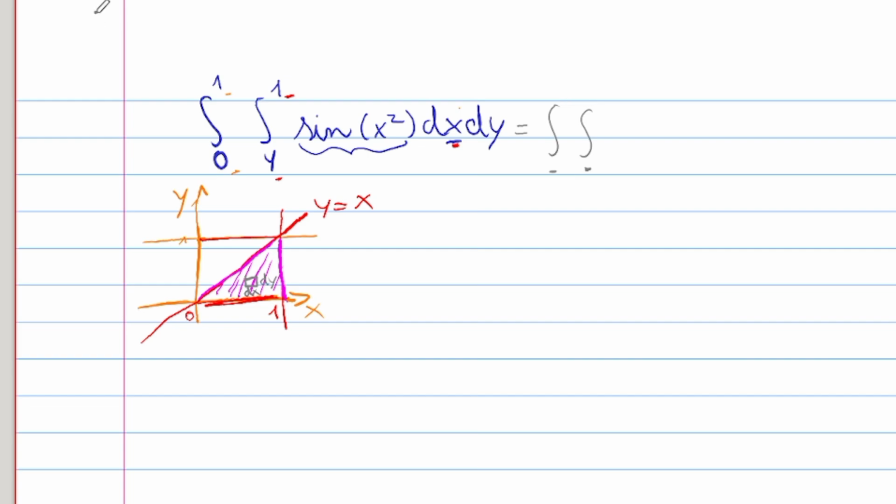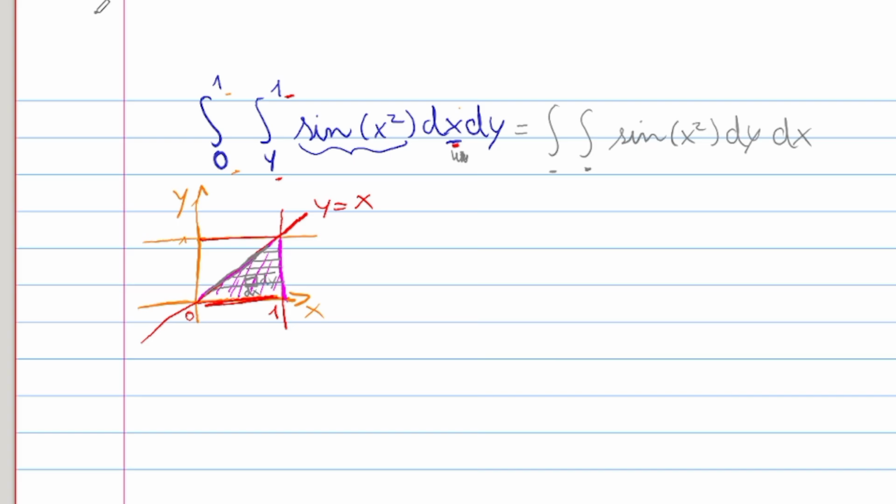Let me write this: sine of x squared dy dx. We see that for x, we went from y to 1.